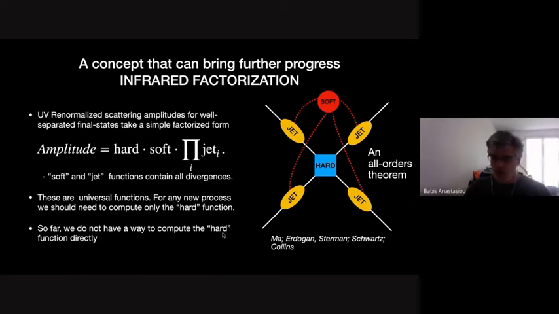What we do is we calculate the full amplitude, and only at the end, we recognize the jet and the soft factors, and we separate out the hard cross-section. So we don't have a direct way to calculate what is relevant for the physics that we want to measure, the hard scattering process.